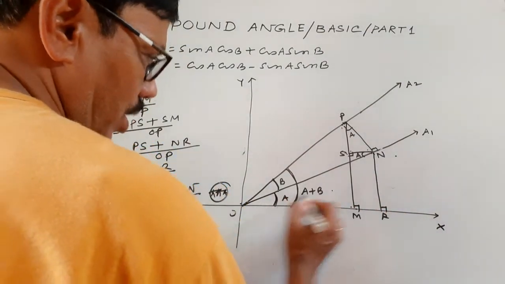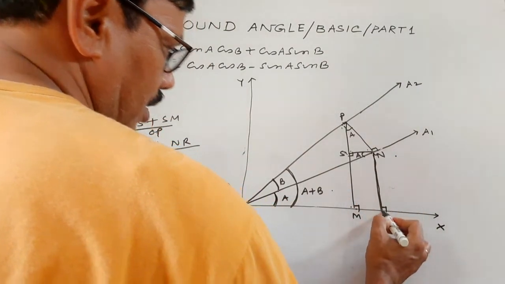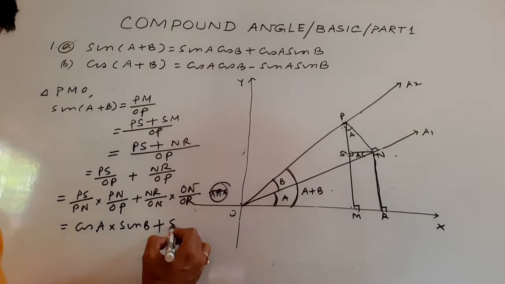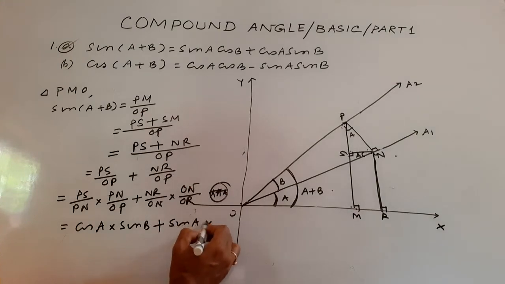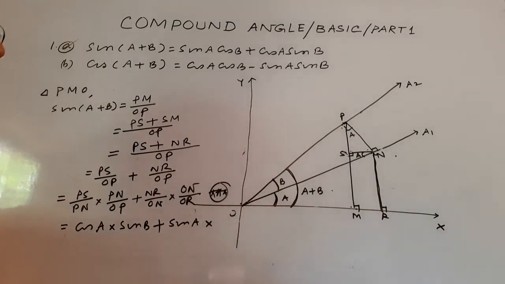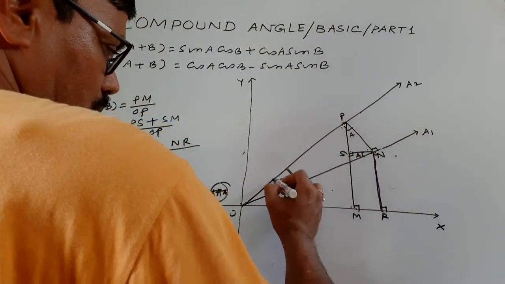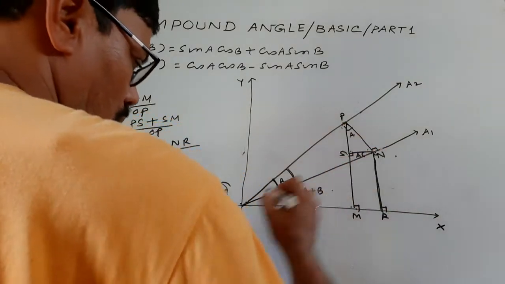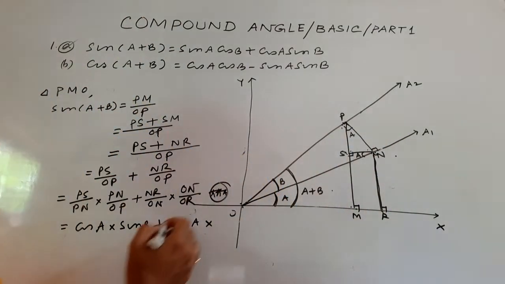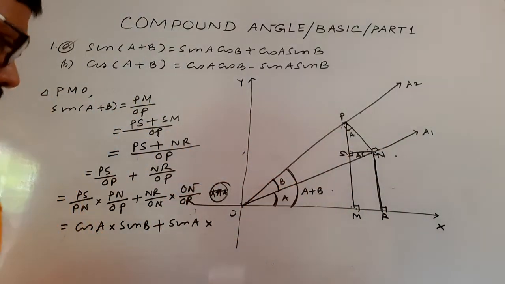NR opposite to A. This is perpendicular. NR by ON, so this is sin A. And ON by OR, so it is B. ON is base, ON by OR.